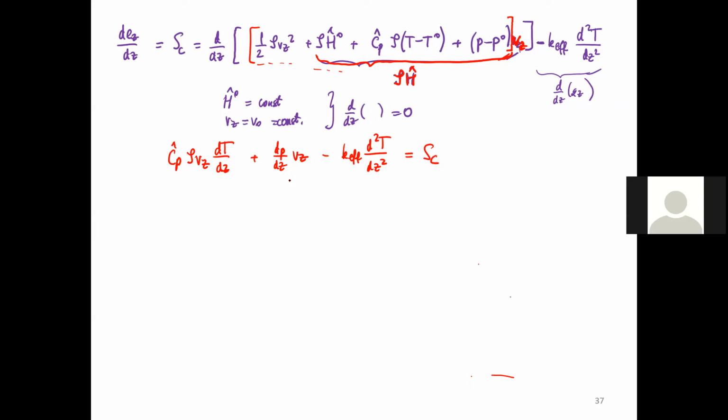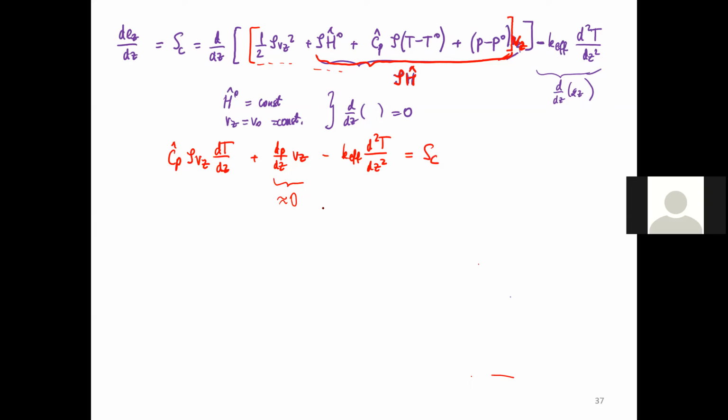But not only that, I'm assuming that if I'm controlling this system, my velocity is not very large. So Vz in itself is not large, and what's driving the velocity, dP/dz, is not very large either. So here I have two relatively small things multiplied together. So I'm going to assume that this term is approximately 0. That's something that needs to be checked, but this is an assumption that I'm making.